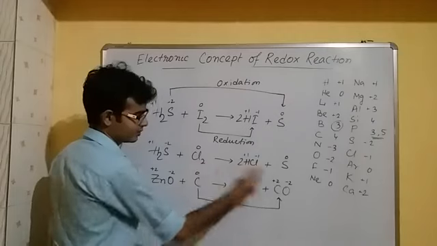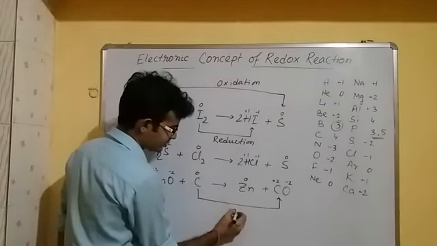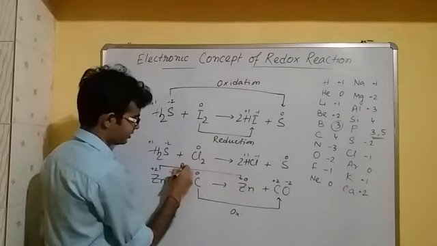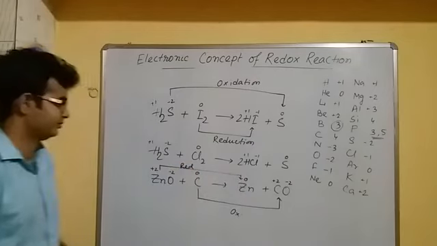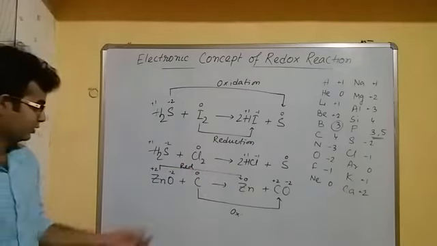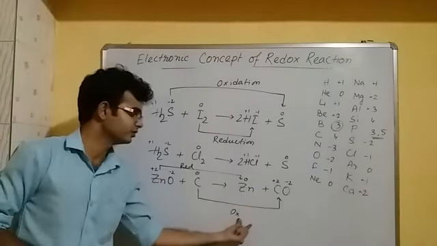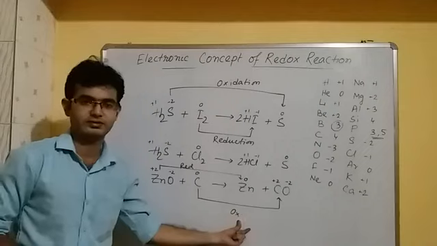What happens? 0 to plus 2 is an increase, so there is oxidation. Plus 2 to 0 is a decrease, so reduction. Clear? Losing of oxygen is reduction. Adding of oxygen is oxidation. Clear?